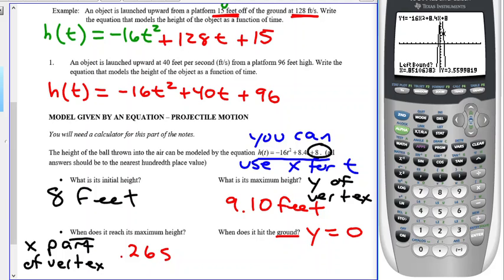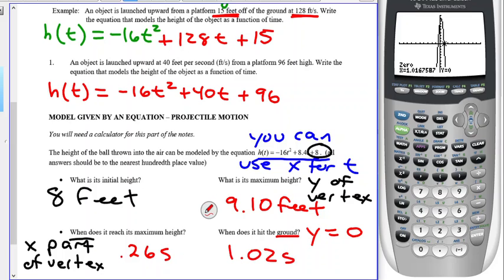The negative one's not going to do you any good because we can't go back in time. We just want the positive value counting forward. So the left bound of that positive 0, then the right bound, and then enter again. So it hits the ground after approximately 1.02 seconds.